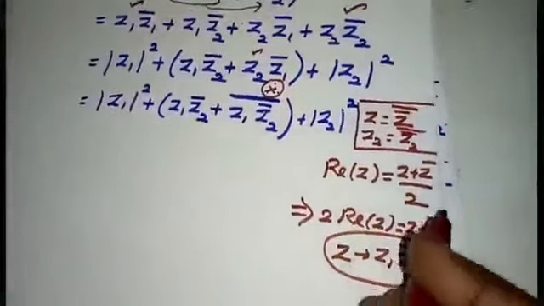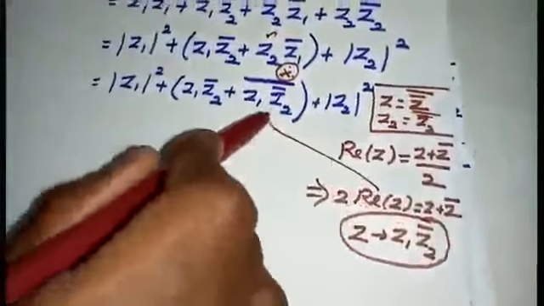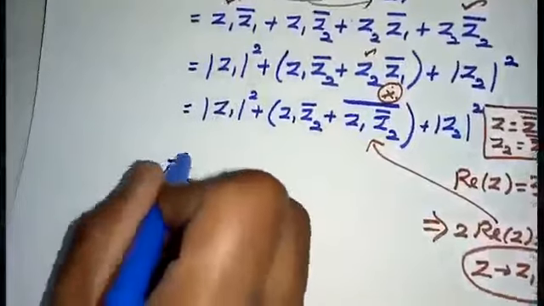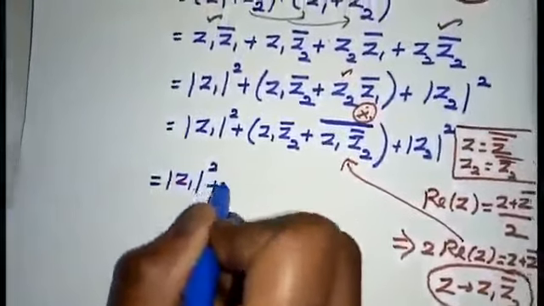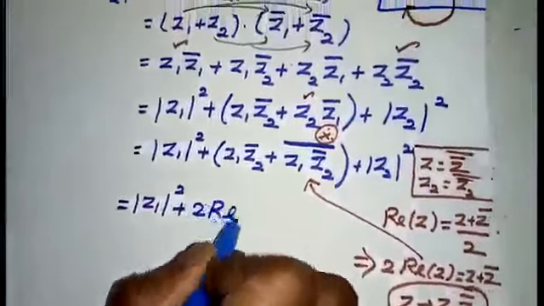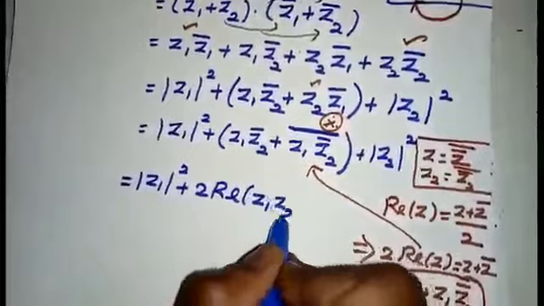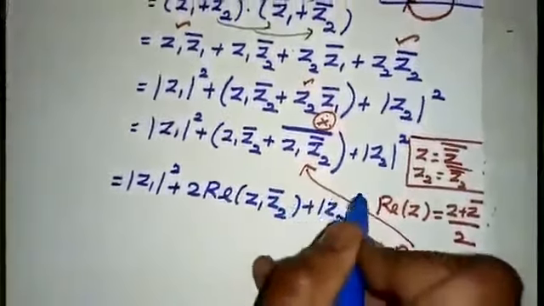So just see here students how I am going to write. I am going to replace this concept in this place: modulus of z1 the whole square plus 2 real part of z1 z2 bar plus modulus of z2 the whole square.